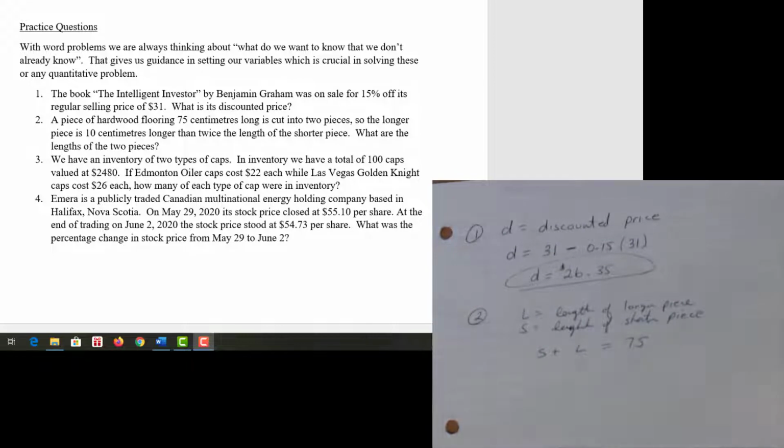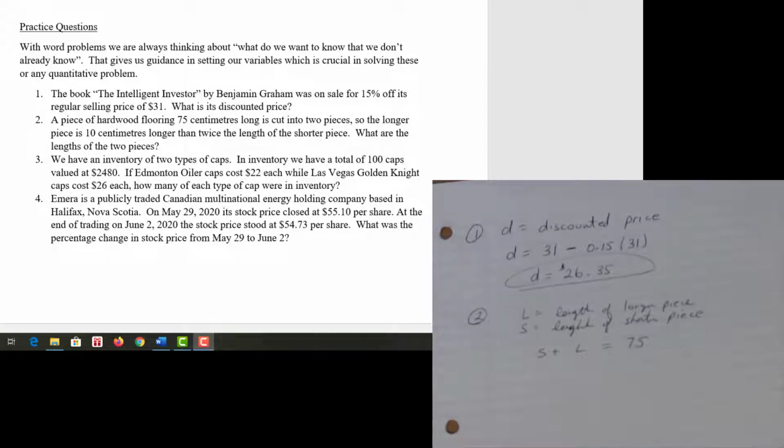Yeah, I know. Anybody who's ever cut anything knows that some of it goes to sawdust. I get it. We're not going to deal with that. We're not going to make it more complicated than we need to. We're not going to deal with the 1/8 of an inch or 1/16 of an inch lost to the blade. But anyway, so the two pieces add up to 75.